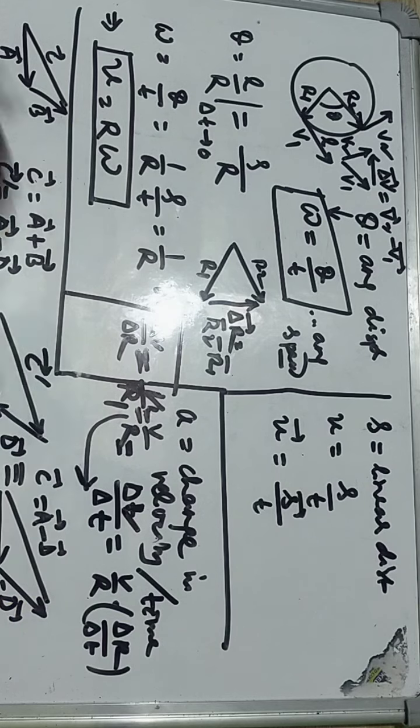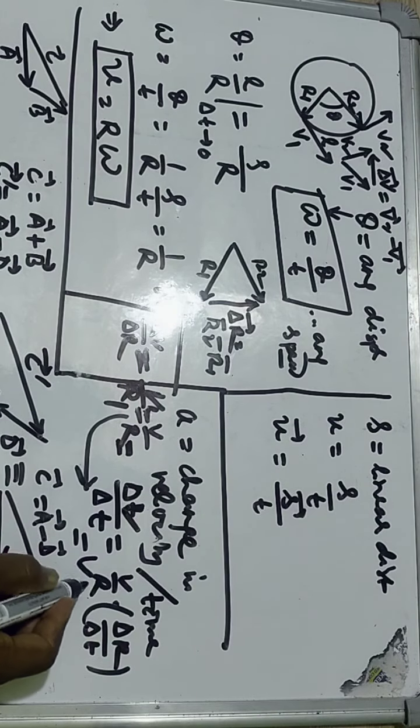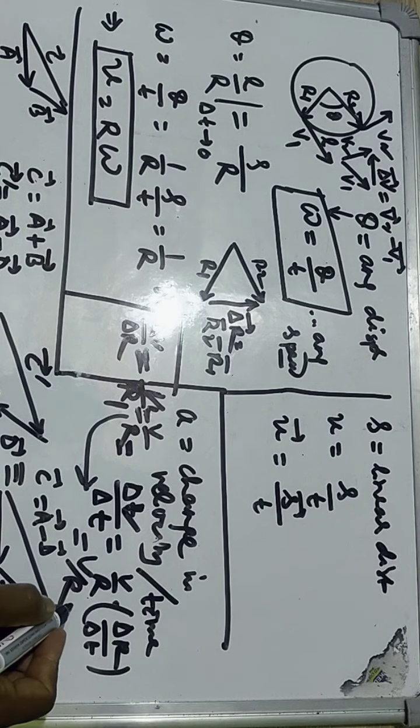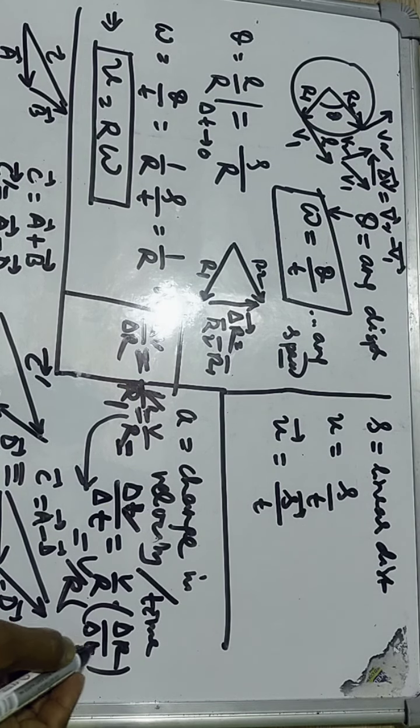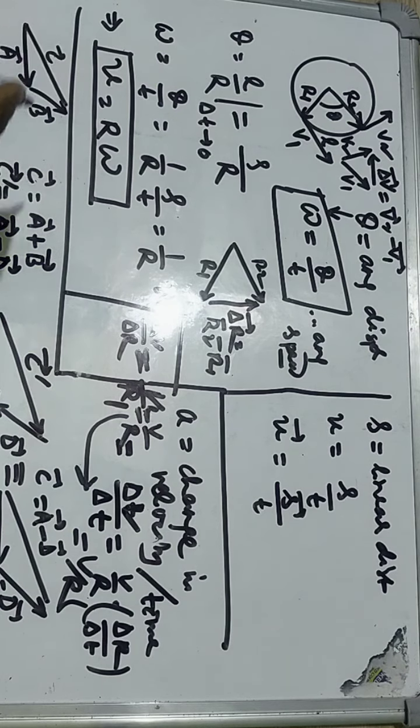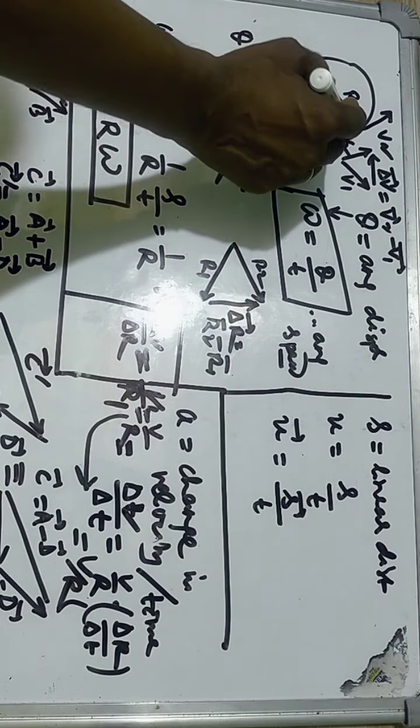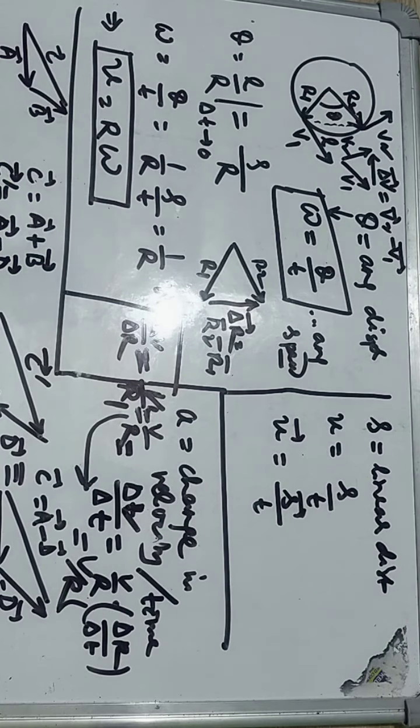Using this equation, we find v by r into delta r by delta t. When t becomes very small, this delta r becomes s, that is s by delta t, and delta t tends to 0.